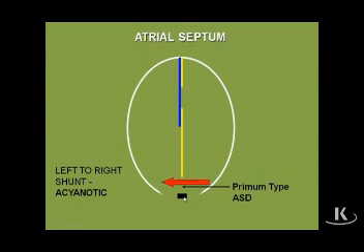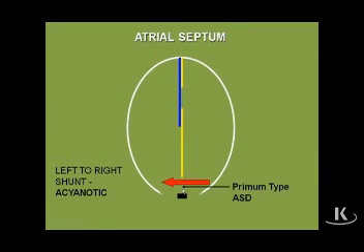And that failure is probably a result of an inadequacy of neural crest cells in the endocardial cushion, which is secondary to a defect in the migration of neural crests to the heart tube. So a primum type ASD is a neural crest migration defect, resulting in a defect in the endocardial cushion, which leads to this primum type defect.